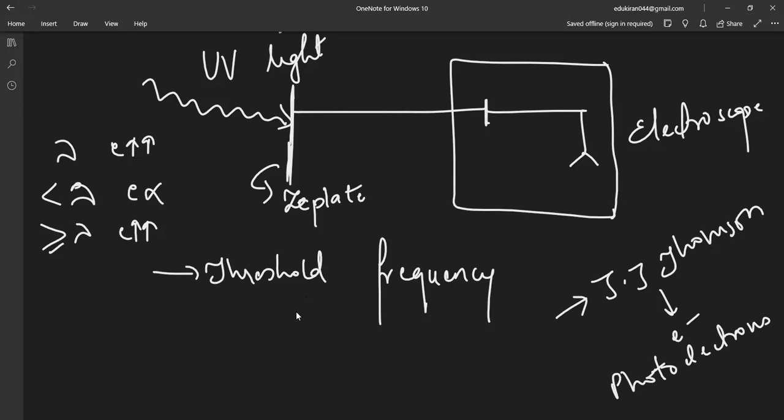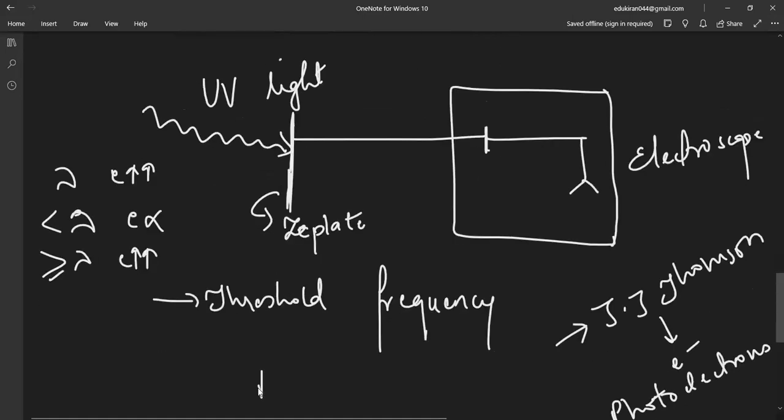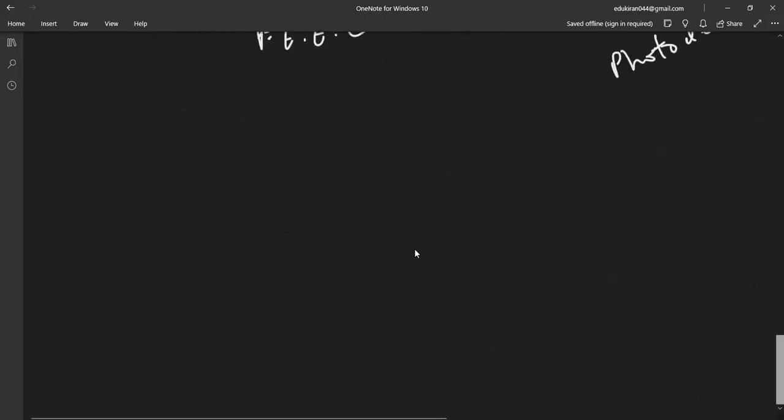So this was done. Now, some things were still left. Some experimentation was left. This was the final conclusion, that yes, the photoelectric effect exists in nature, but modifications and experimentations weren't done. So what happened? Hallwachs's work was over.